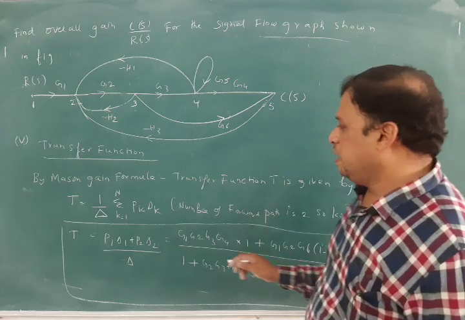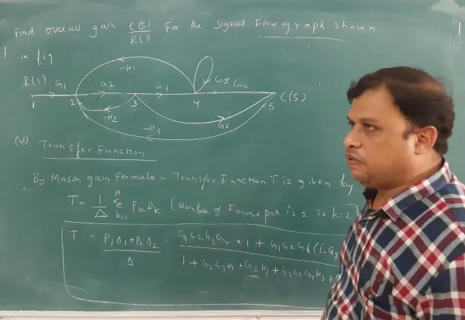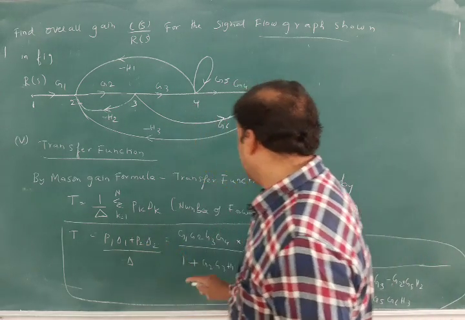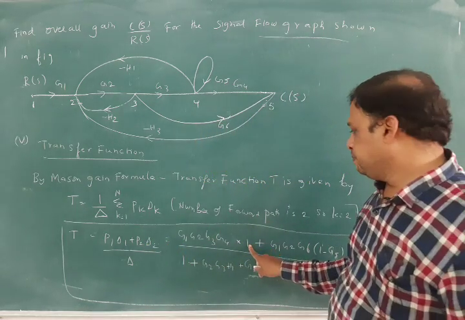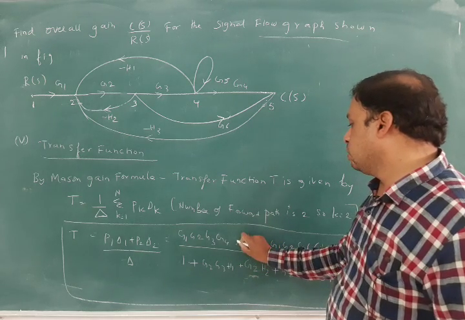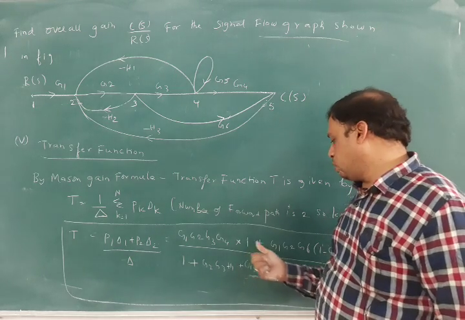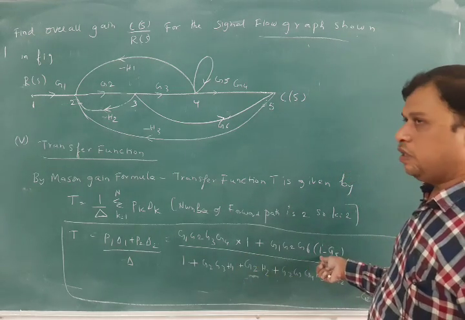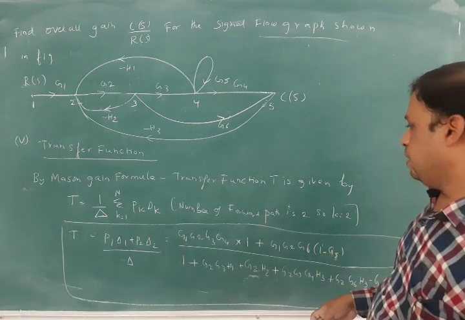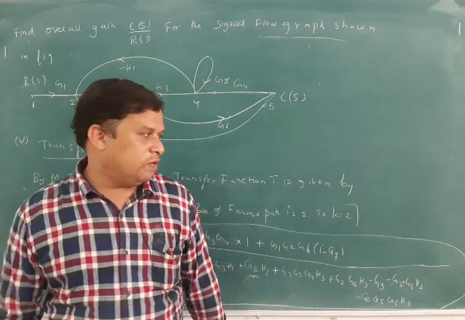So if you write this complete transfer function, it is P1 into delta 1. The values of delta 1 and delta 2 are written here. You can see delta 1 was 1, as we didn't have two non-touching loops. In the fourth step we got the value of delta 1 as 1, and delta 2 as 1 minus G5.